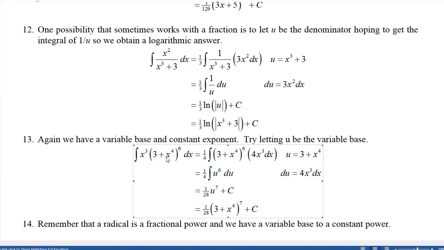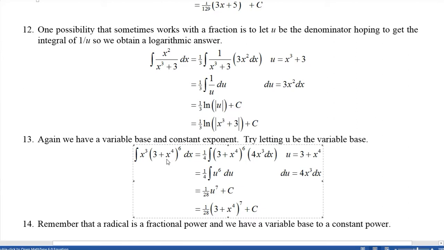So when you see something like this, you try a substitution: you decide what u is, you work out what du is, make your substitutions, and then hopefully what's left is something that's easier to work with. Sometimes it works, sometimes it doesn't.